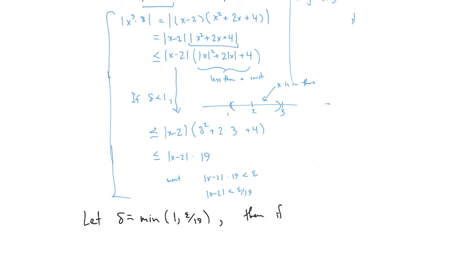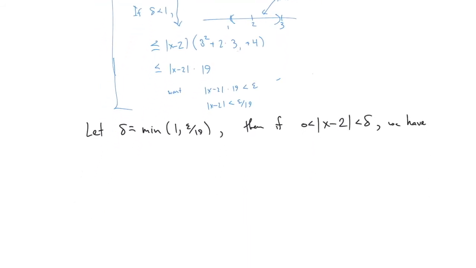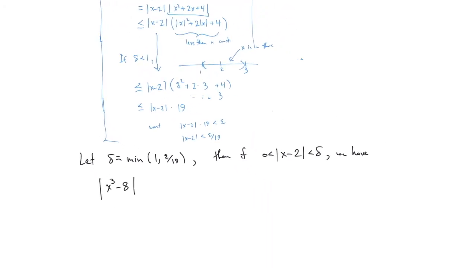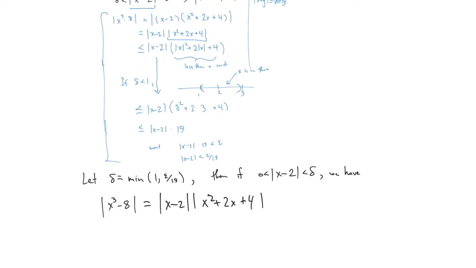And then we write all of this stuff. So then if 0 is less than absolute value x minus 2 less than delta, we have, I begin with x cubed minus 8, all right? And first of all, x cubed minus 8 is equal to x minus 2 times x squared plus 2x plus 4. That was the random fact about how you can factor a difference of cubes.